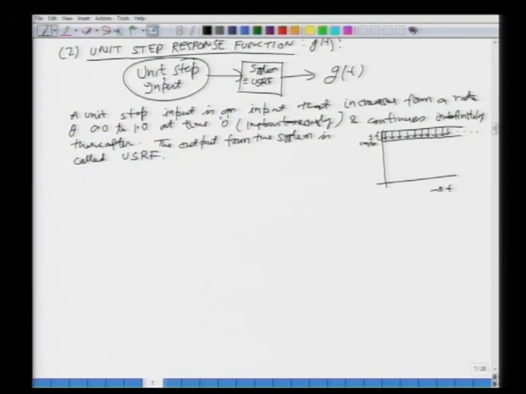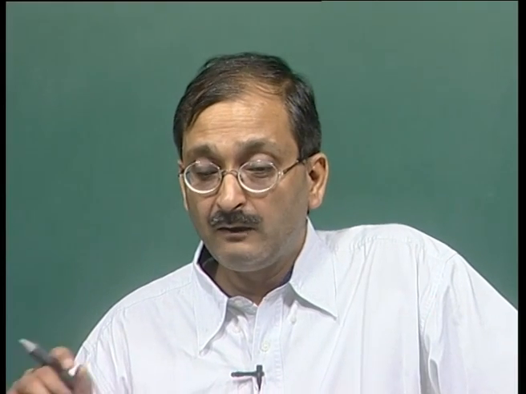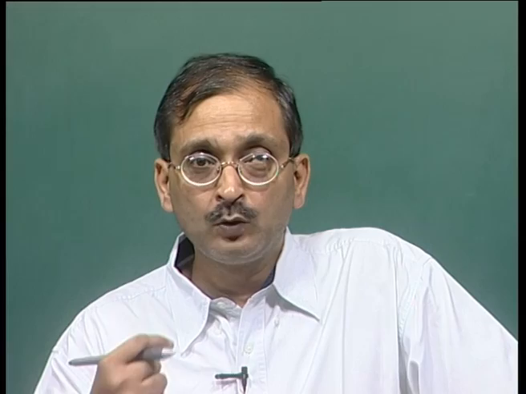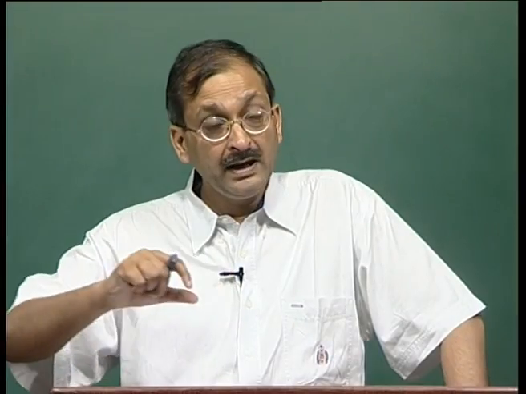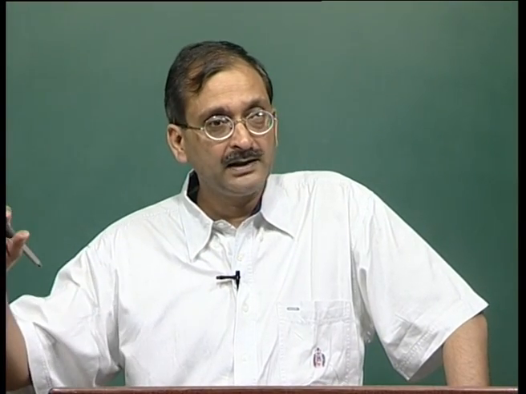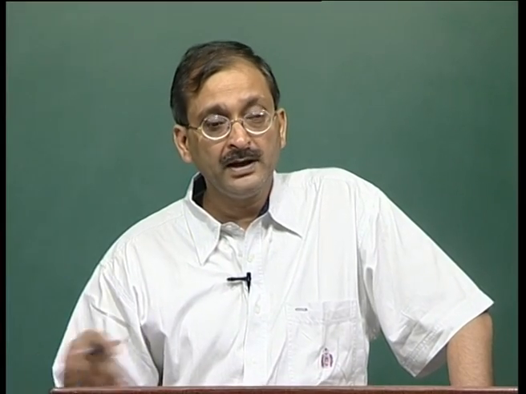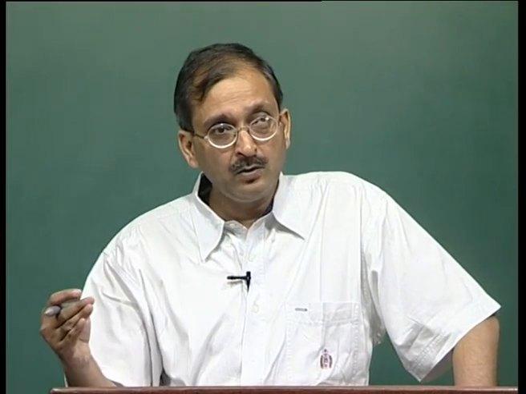Okay. So, what is this unit step response function? It is the response from a catchment or output from a system when that system is subjected to a very special type of input. And what is the speciality of this input? It is the rate going from 0 to 1 at the beginning at time t equal to 0, and then continuing indefinitely. Okay. So, what will happen? What kind of curve do you see? You will have a curve going up and then coming down?